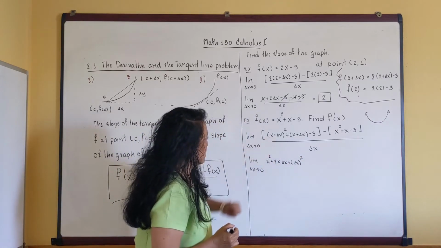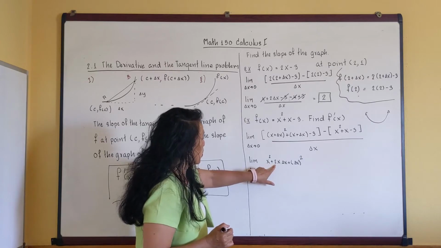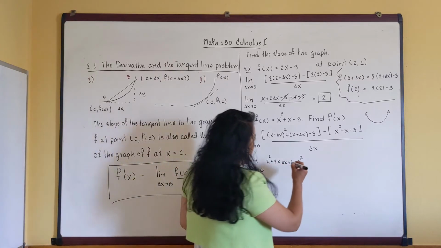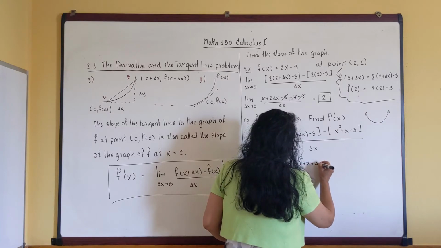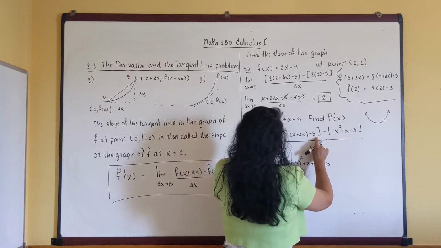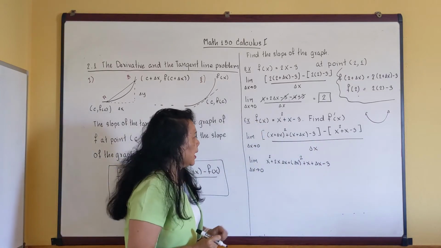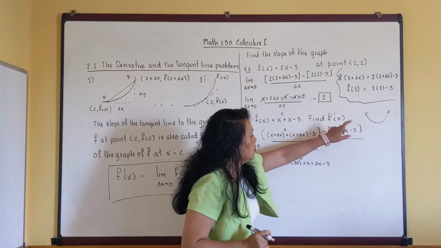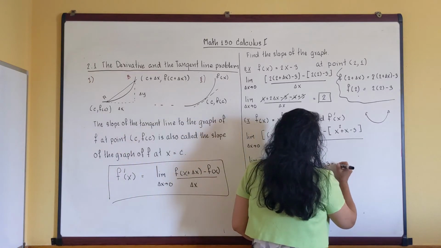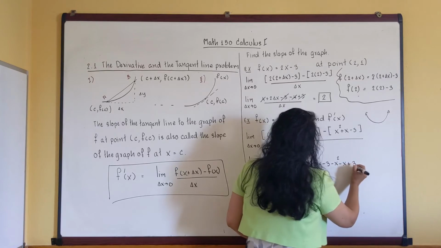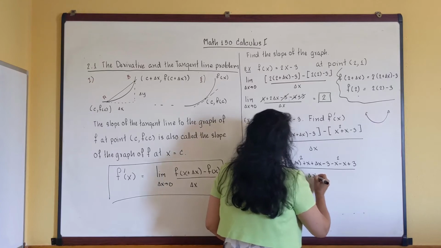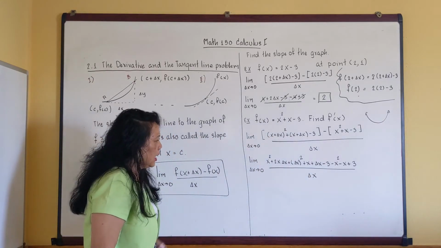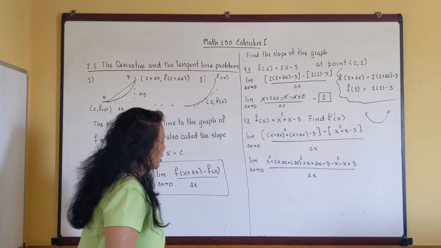I expand this: x squared plus 2x delta x plus delta x squared, plus x plus delta x minus 3. This is just from the first one right here. And for this one, I'm going to distribute the minus in, so I have minus x squared minus x plus 3, over delta x.